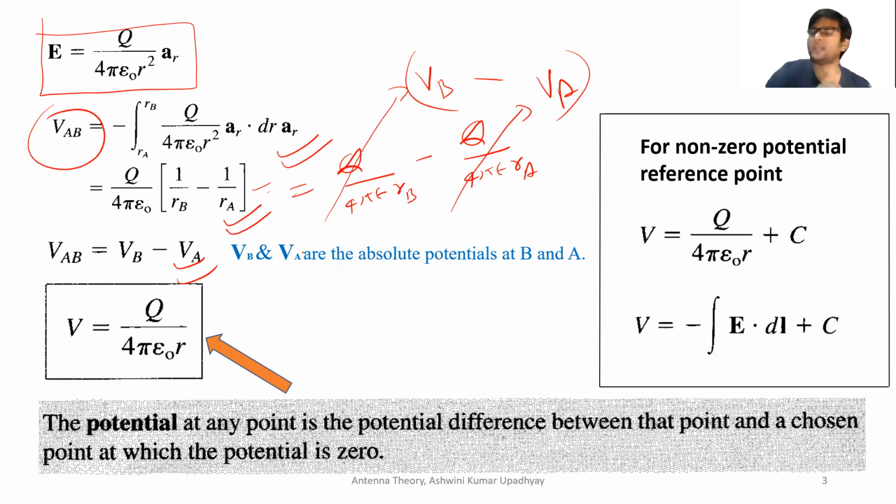So in that case, for any arbitrary point which is at a distance r from a particular charge q, the voltage at this point will be given by this general formula, considering that the reference is taken as zero potential at infinity. Now, if your reference potential point is not zero, then you will have to add a constant in the formula of voltage.